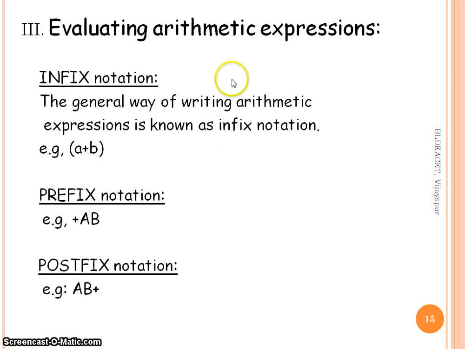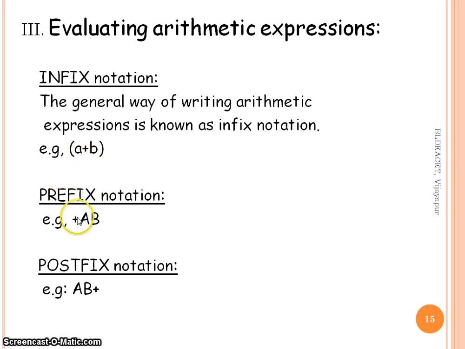The third application is evaluating arithmetic expressions. You can easily evaluate an arithmetic expression using a stack. There are three notations: infix, prefix and postfix. Infix is whenever an operator is placed between two operands, so a plus b is an infix expression.